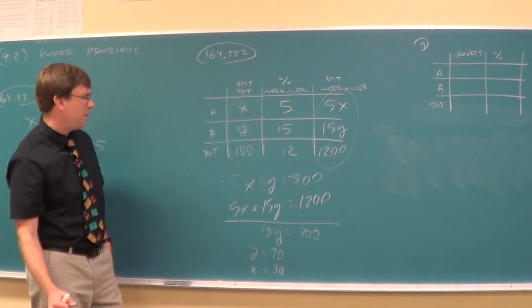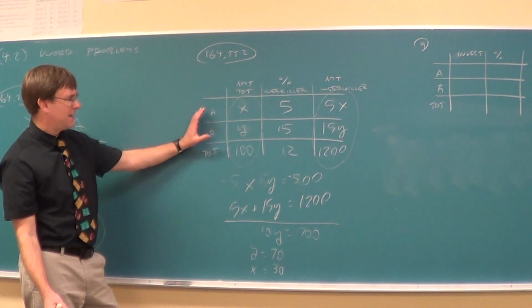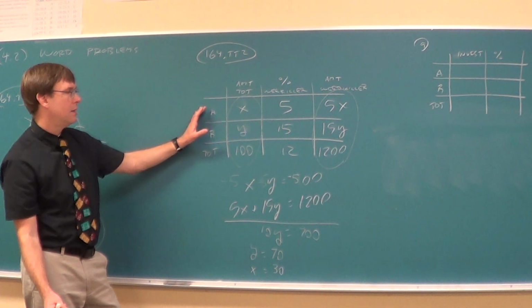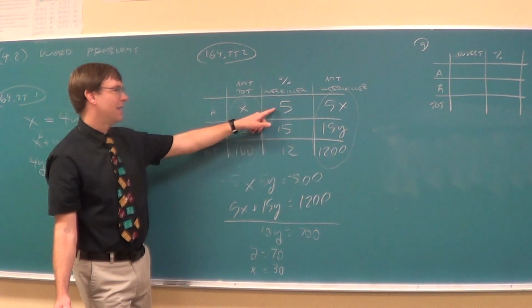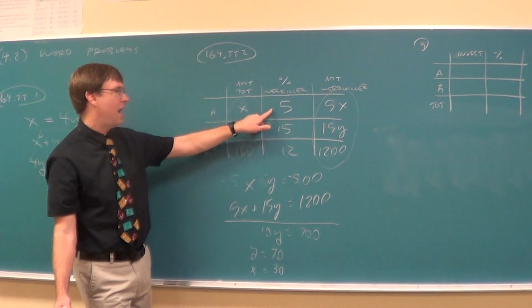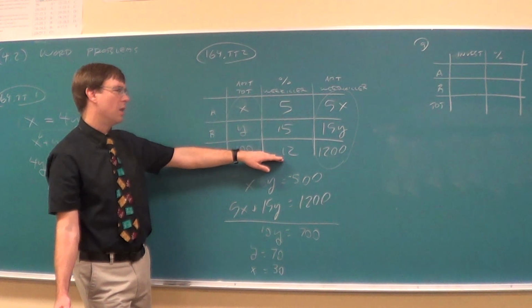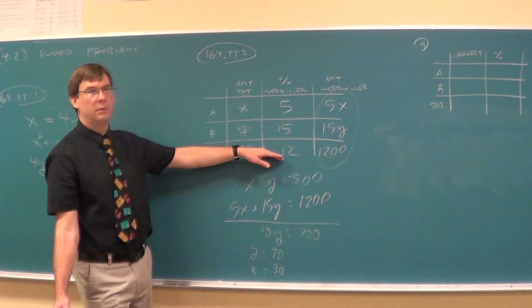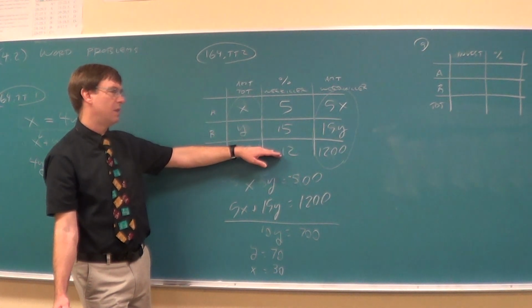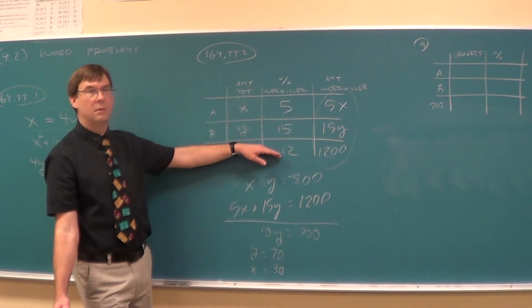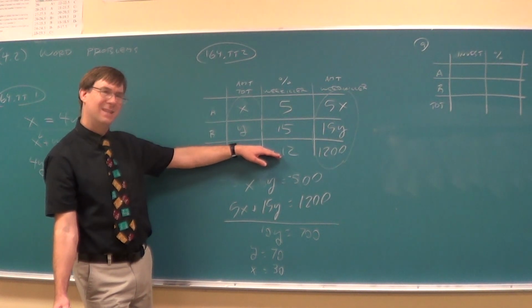Now think this through for a minute. 30 and 70 does make 100, that makes sense to me. We didn't average equal amounts of this together. If there were equal amounts of 5 and 15, what would it have worked out to be total? If I had the same amount of 5 as I had of 15. 10. Why 10?